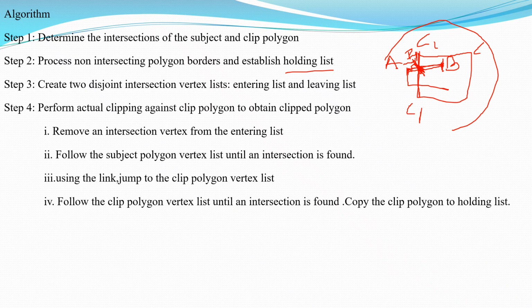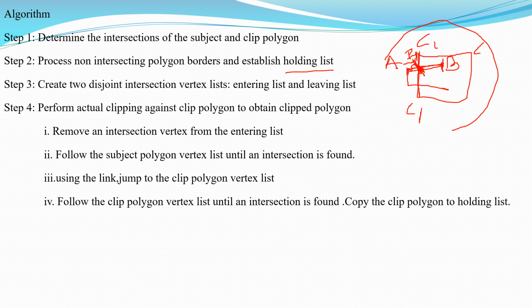Now perform the actual clipping against the clip polygon to obtain the clipped polygon. First, remove an intersection vertex from the entering list. Next, follow the subject polygon vertex list until an intersection is found. Please go through the points; we will discuss them with the example.